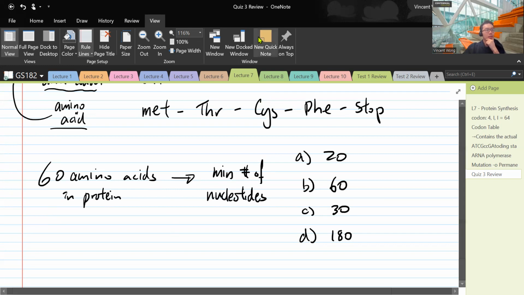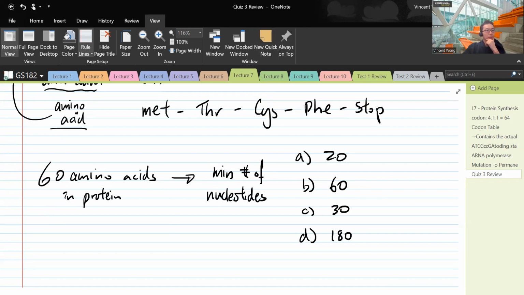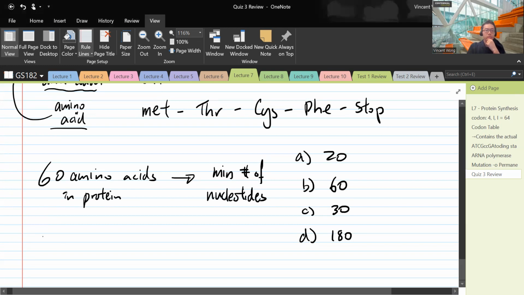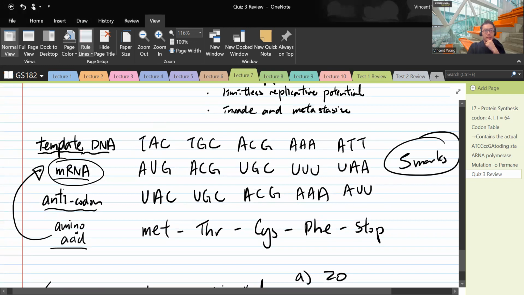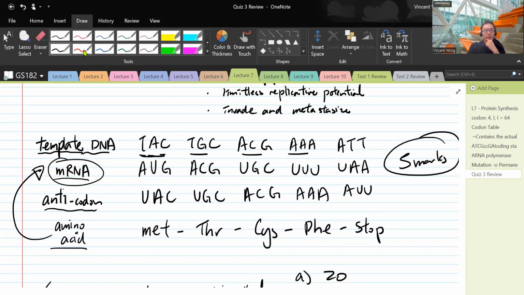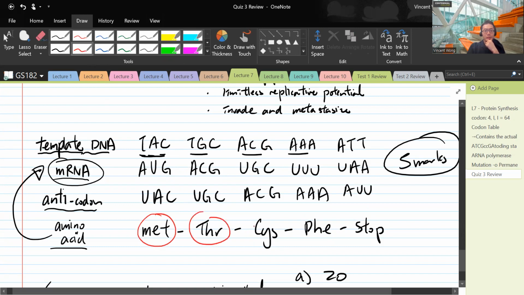Okay. Thank you to those who have chosen something. So let's take a look here. 1, 2, 3, 3, 6, 9, 12. That's 12 nucleotides, and the 12 nucleotides code for 1, 2, 3, 4 amino acids.